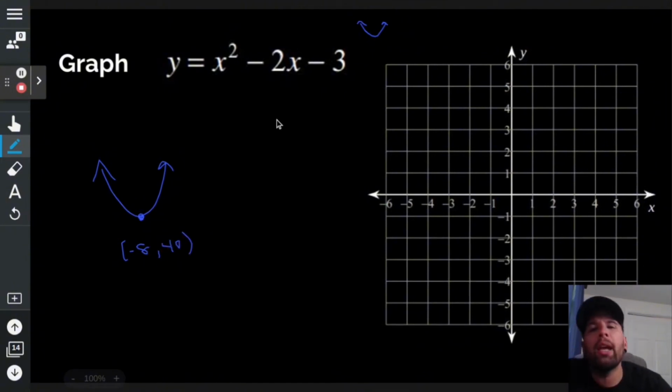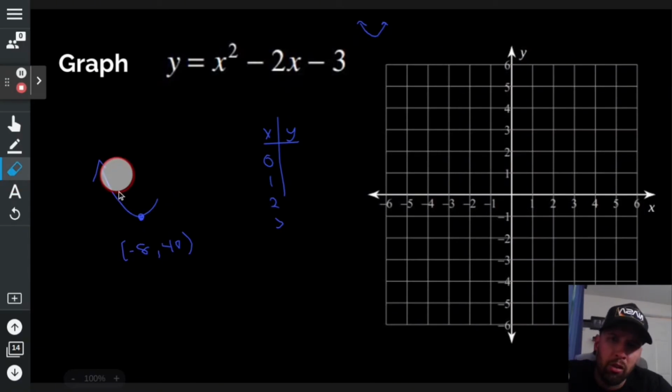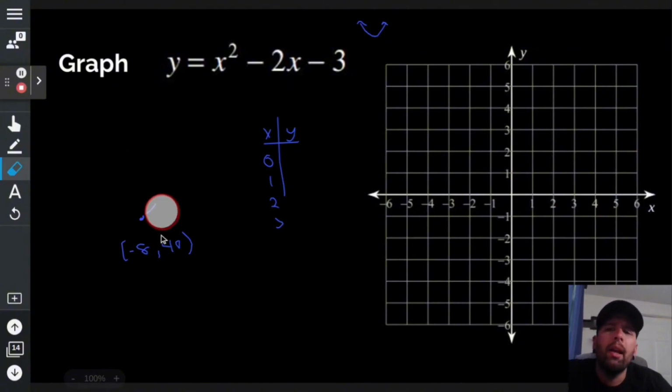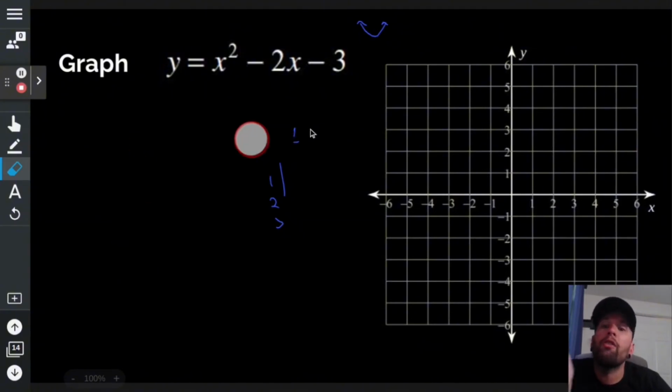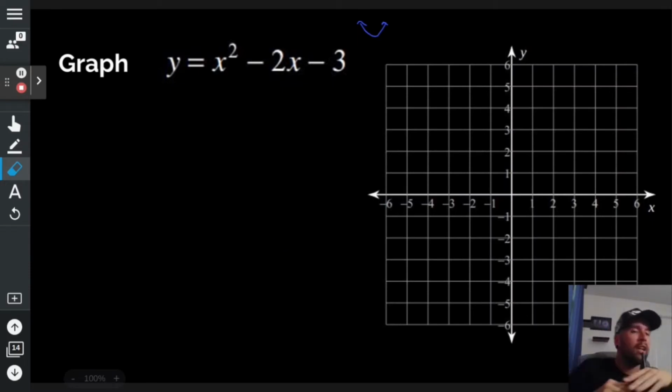If I create an XY chart and I'm like, let's try 0, and let's try 1, and let's try 2, you're finding all of these points and you will never get to the minimum. So the best thing to do is find out what the vertex is, find out the x value at least, and use that as your center, and everything to the left and everything to the right of it is just going to be symmetrical.